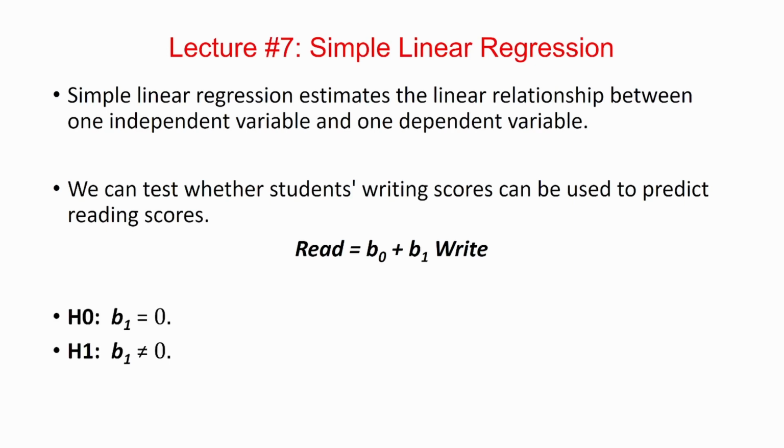The null hypothesis is that there's no relationship, namely B1 equals 0. The alternative hypothesis is that B1 is not 0. So this is the null and alternative hypothesis for the simple linear regression in this example. Now we're going to move to SPSS to see how we can do that.